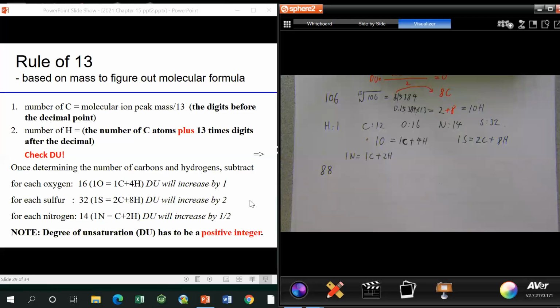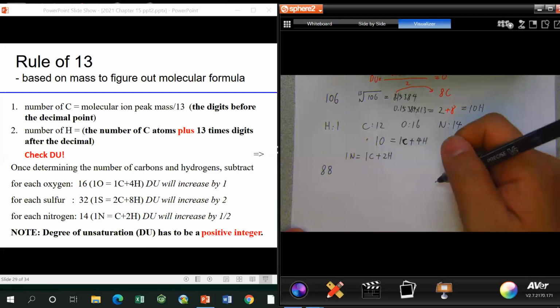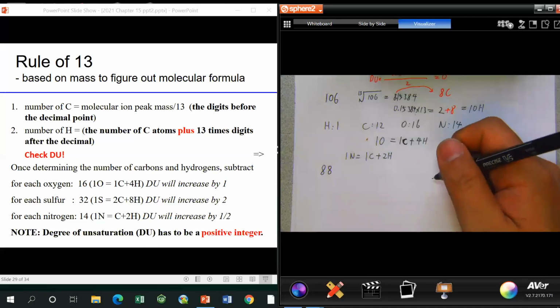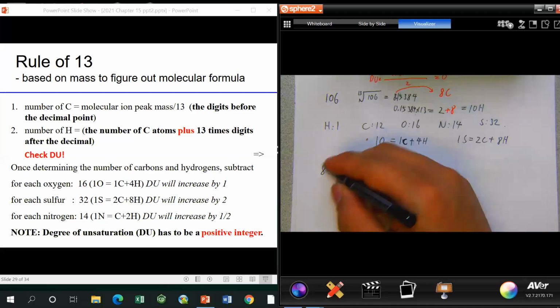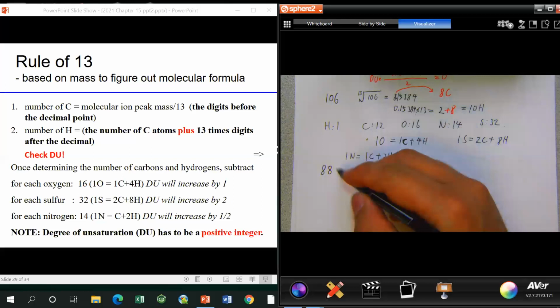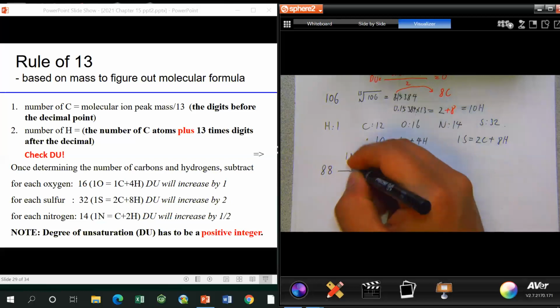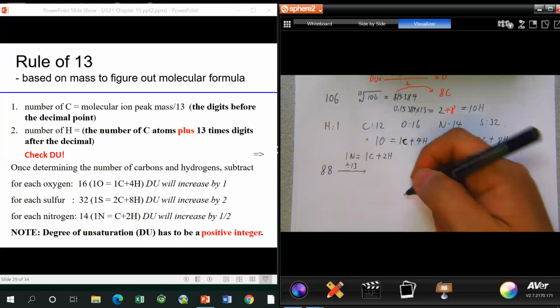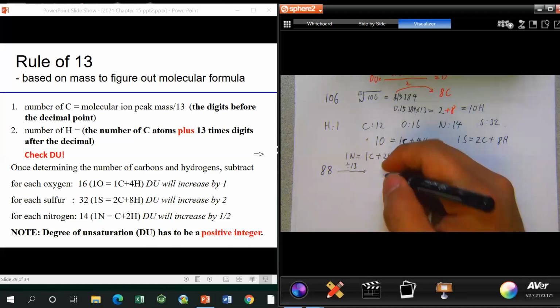So we still do rule 13. With 88, we don't need to involve a hetero atom at the very beginning; you do it later. So apply the rule 13: divided by 13, and the number should come out to 6.7.